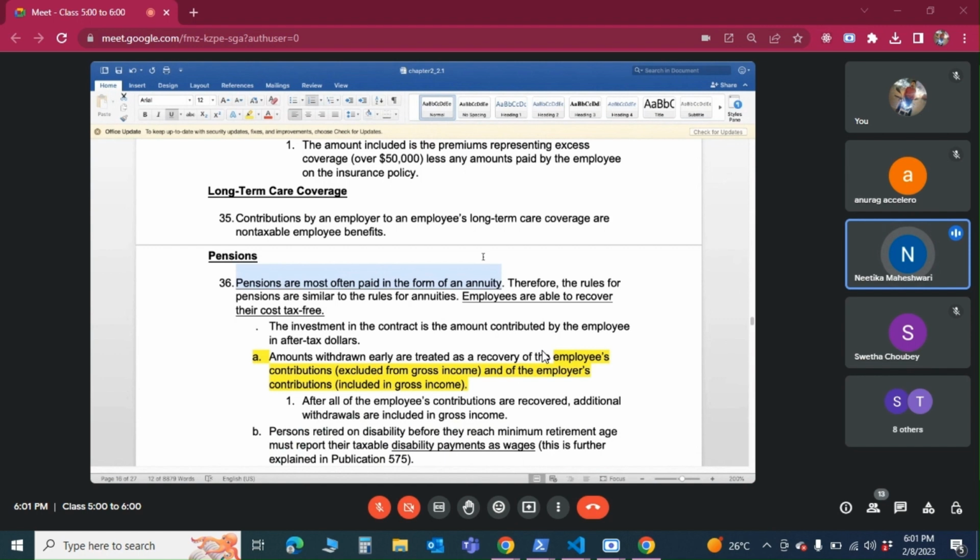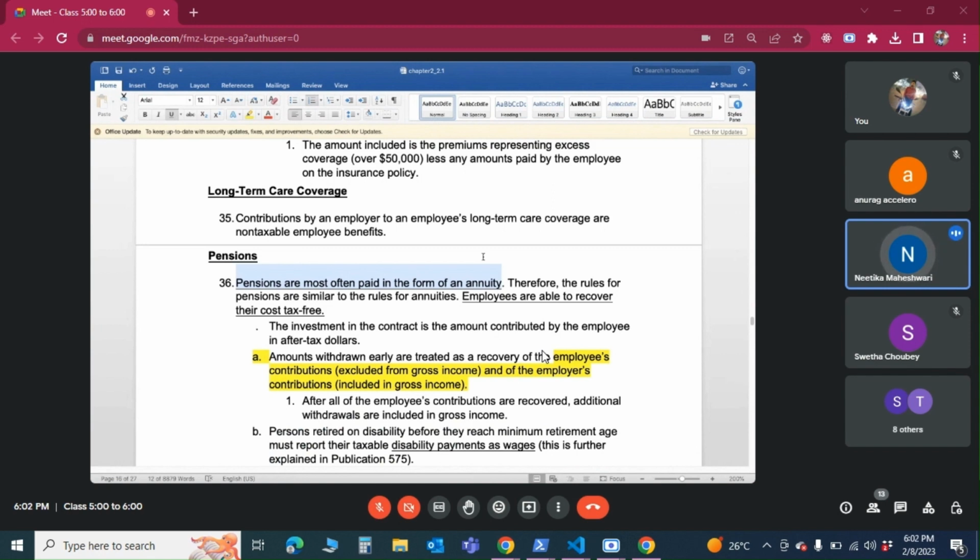No, it doesn't make sense, because the $10,000 which I put into the annuity is post-tax money. I've already paid taxes on it. All I'm doing is getting my principal back along with the income. So the income part, the $5,000, will be taxable, but the $10,000 should not be, because that is our cost basis. So pensions also take the form of an annuity.